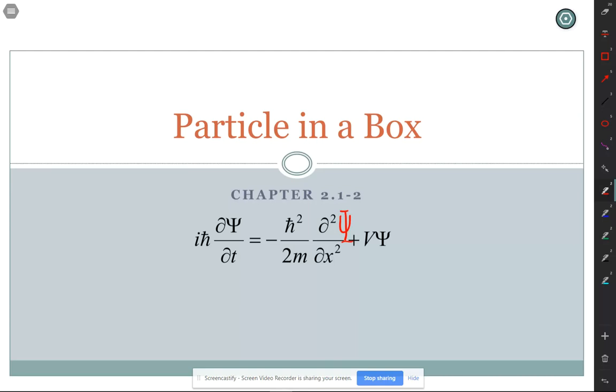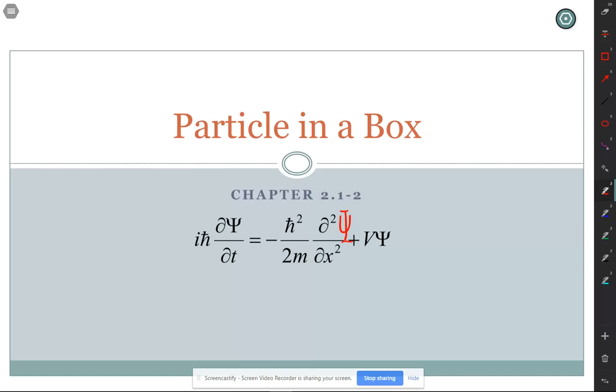Now, if you want to get all technical-like, we should have three-dimensional position. And in fact, when we do the hydrogen atom, we have to have that three-dimensional position. So this is one-dimensional because you got to start simple and work your way up, not start hard and work your way down. So we have two variables here, position and time.